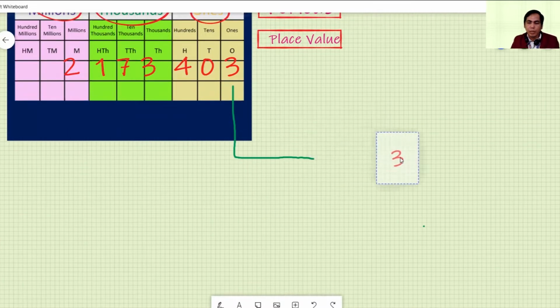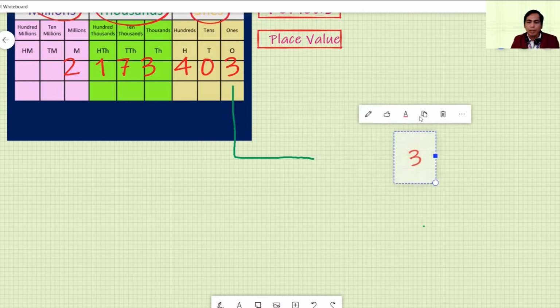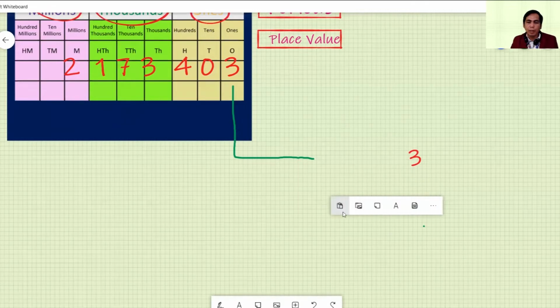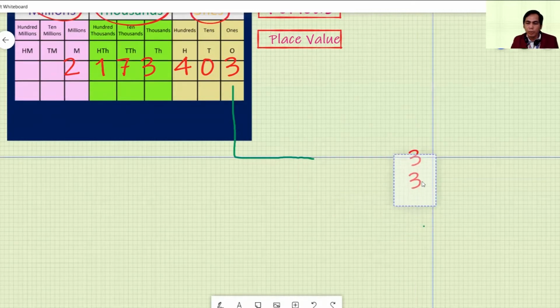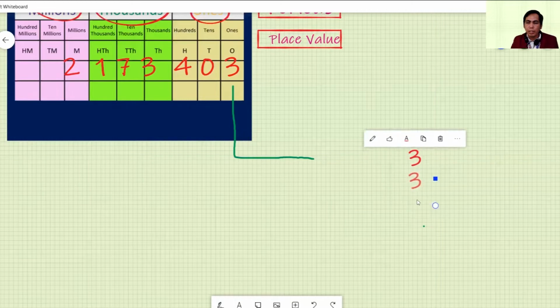Now the digit 0, which is found in the tens place, so it's 0 tens, or 0 times 10, will give us a value of 0.